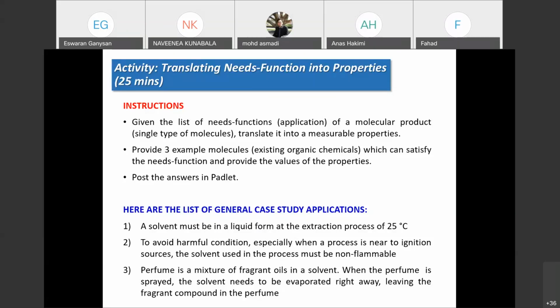Not only perfume. That one is just a general case study application, the example.